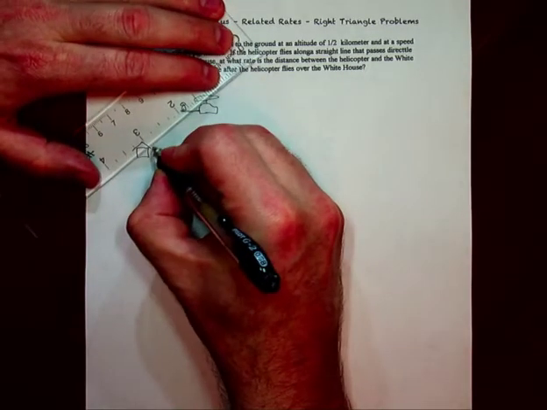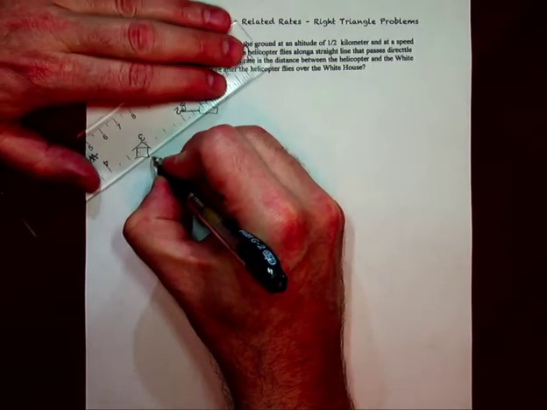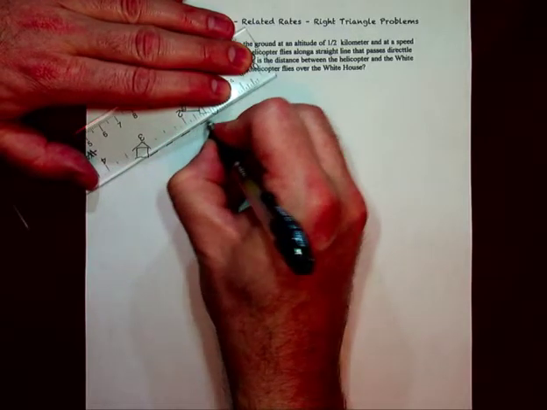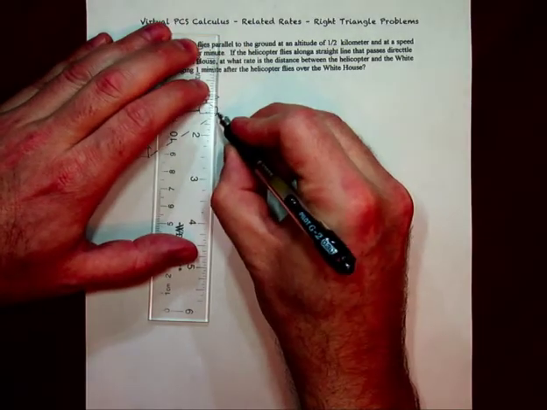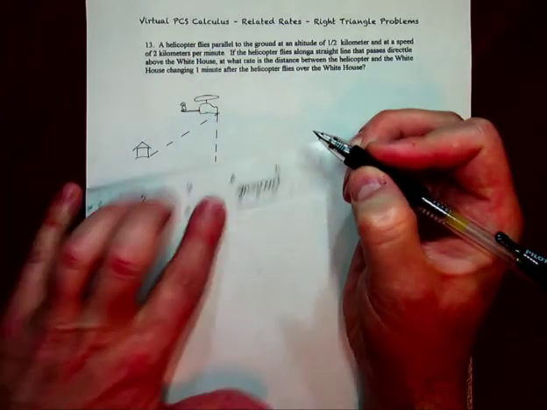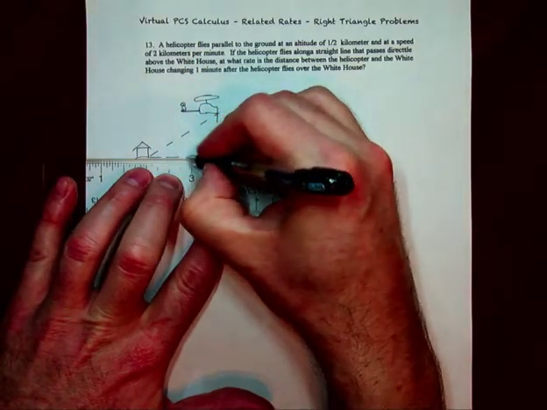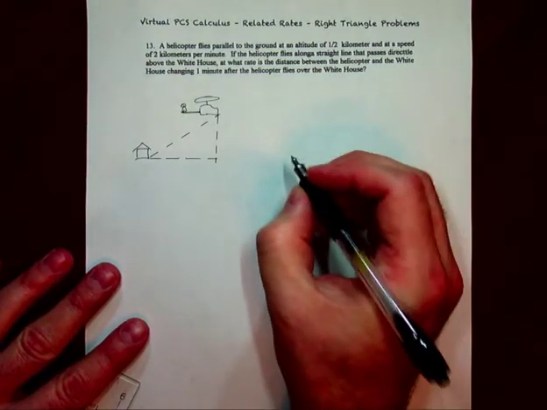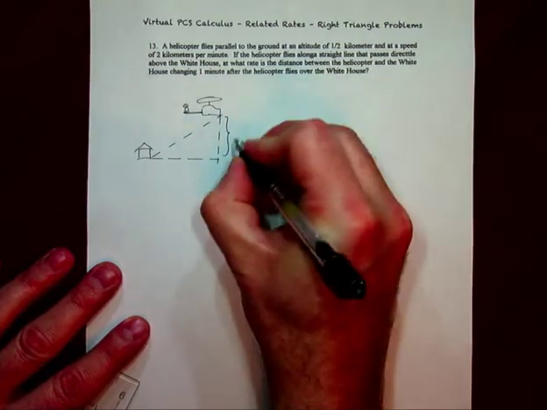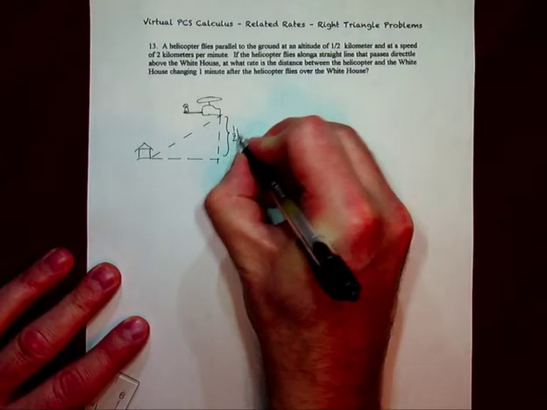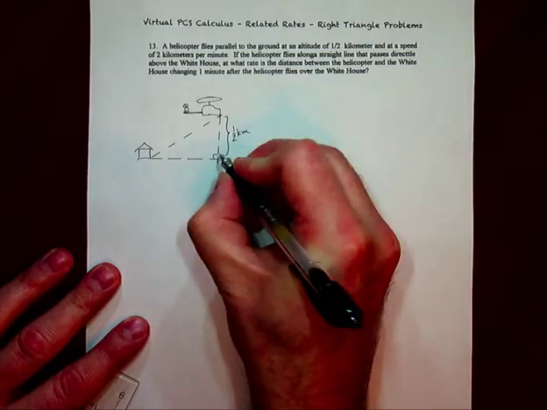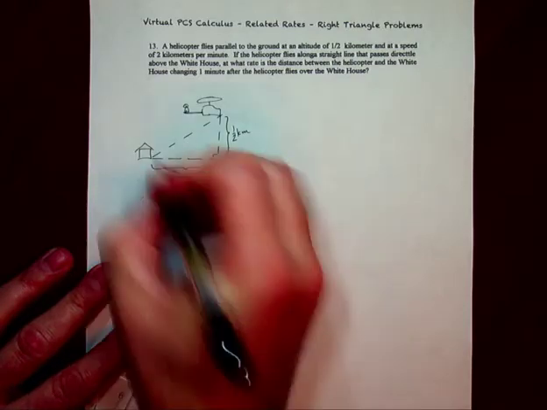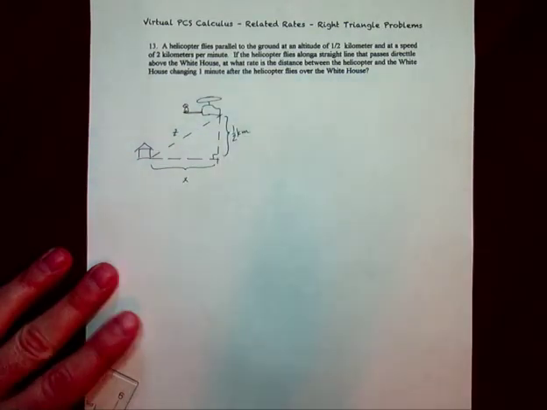And basically what you have here, let's go from tip to tip, is a right triangle. Now it says that the helicopter is flying parallel to the ground. So this right here is always 1/2 of a kilometer. This right here is going to be my x, and this right here is going to be my z.